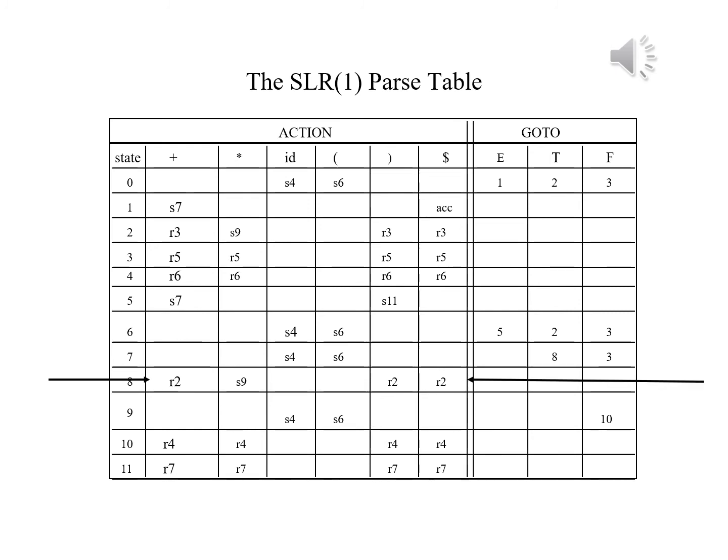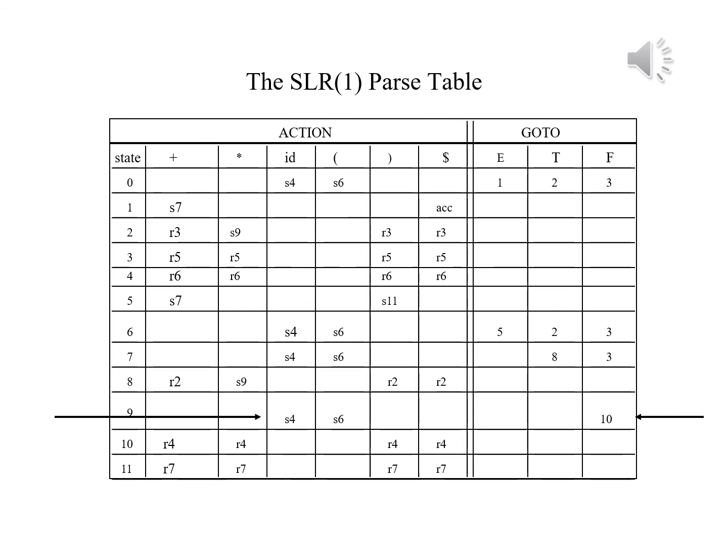State 8 has 1 final item, E derives E plus T dot. The follow set of E contains plus, close parenthesis, and end of file marker. So on these 3 look-aheads, we reduce by production 2. The other item is non-final, T derives T dot times F. So, on the asterisk, we shift and go to state 9.